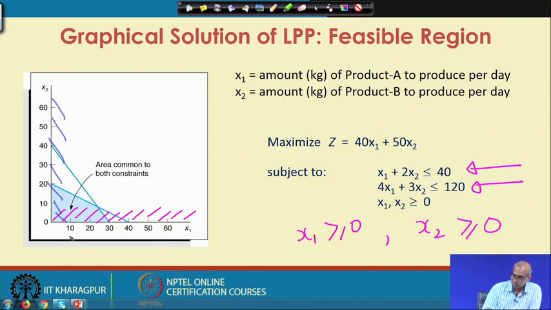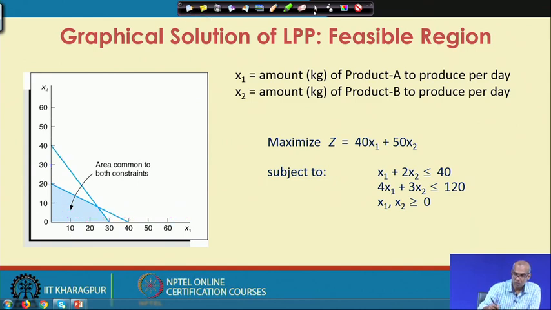So, in the axes x1 and x2, the first quadrant is the feasible region for x1 greater or equal to 0 and x2 greater or equal to 0. These are non-negativity constraints or implicit constraints.